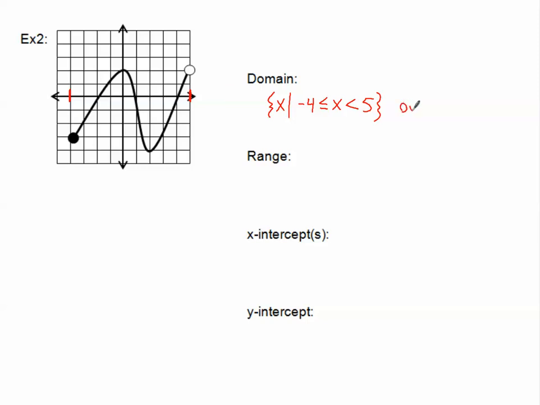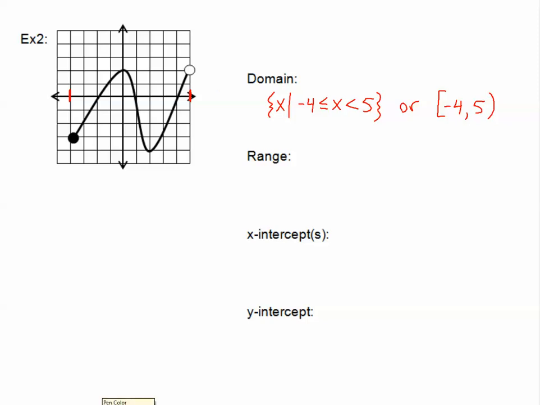That's set notation. Or I simply put these two numbers in interval notation, separated by a comma. I'm going to use a bracket with the -4 because we include it because it's a closed dot, and I'm going to put a parenthesis on the 5 because we don't include it because it's an open dot or open circle. So there's our domain.